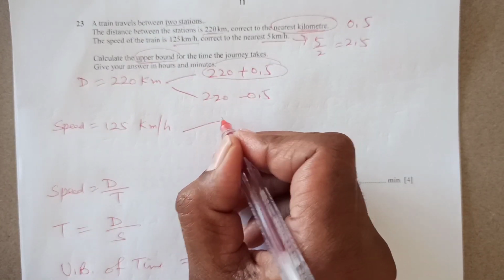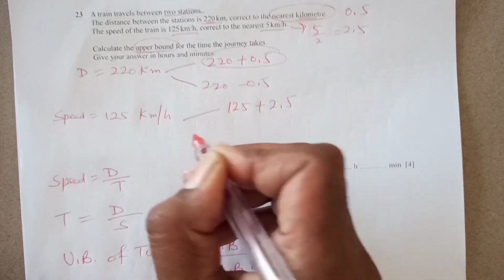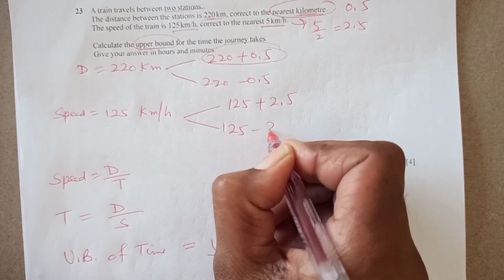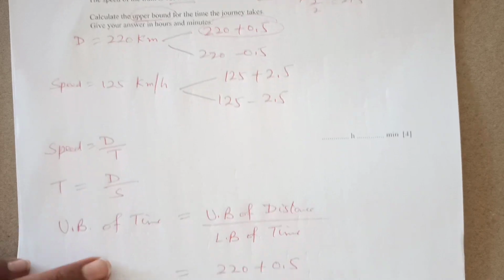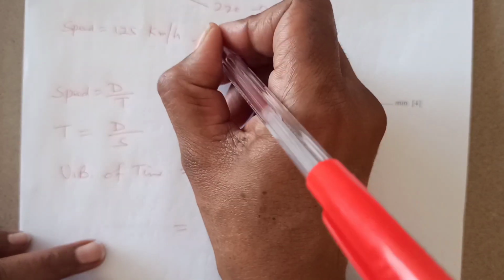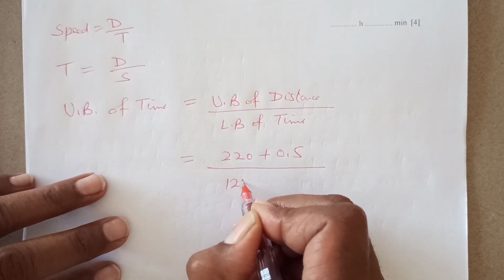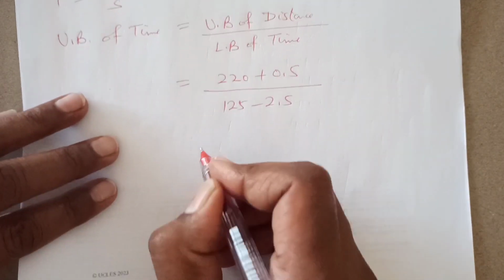So for upper bound we add 125 plus 2.5 and 125 minus 2.5, right? So for the lower bound, and we need the lower bound from here, so this is upper bound, this is lower bound. So lower bound of speed is 125 minus 2.5.